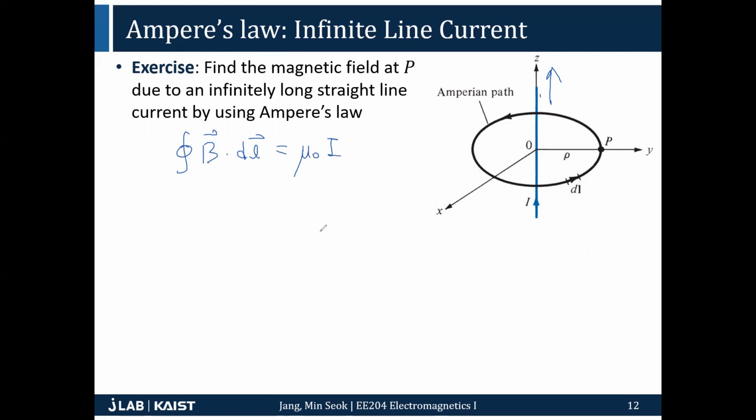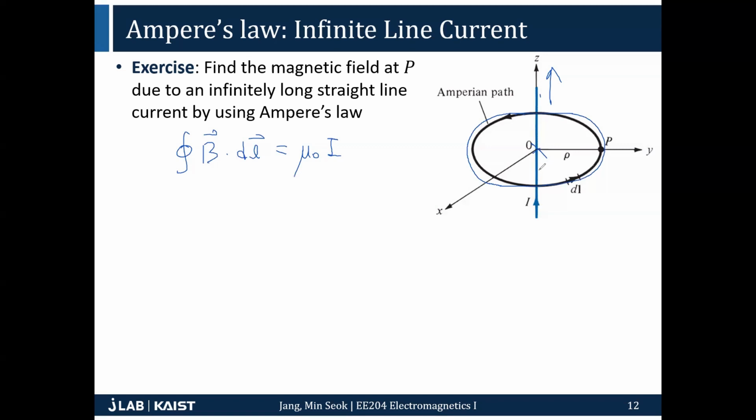Everyone knows how to solve this problem, right? We need to choose an Amperian path like this, a circle with its center at the origin, and then we can apply Ampere's law.